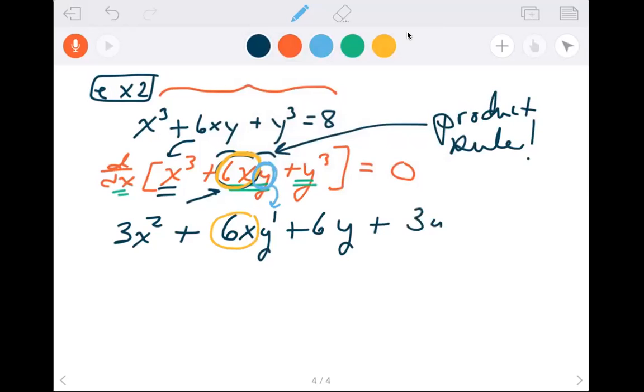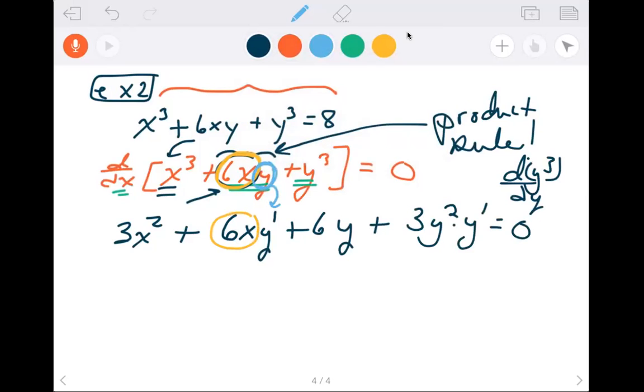You might say, oh, that's 3y squared. It is if it was dy cubed dy, then it's 3y squared times dy dy. But this is 3y squared times dy dx, which we can call y prime.